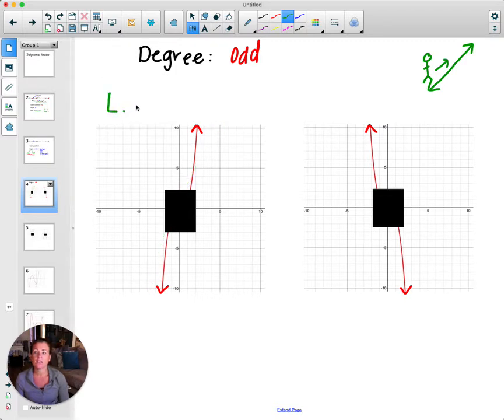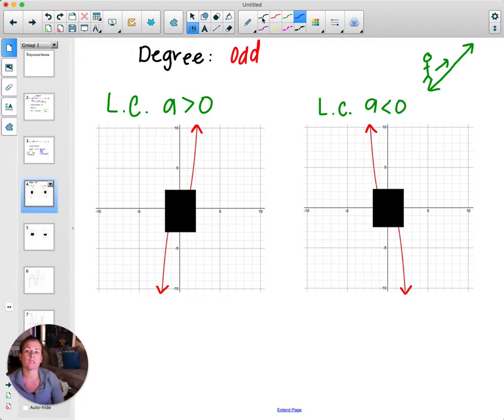Okay, so your lead coefficient for this one, your a value, is going to be greater than 0. And if it's going down left to right, so when you read your function left to right, if it's going down left to right, then this a value is going to be less than 0, just like a linear, okay?